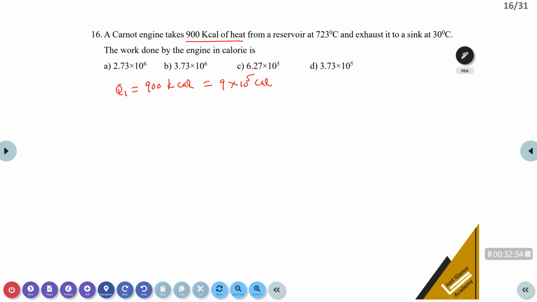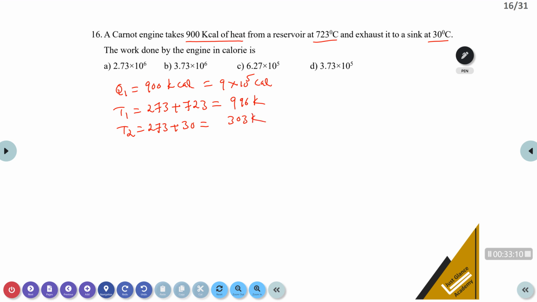Next, reservoir means source. T1 equals 273 plus 723, which is 996 Kelvin. Then exhaust to a sink temperature means T2. T2 equals 273 plus 30, which is 303 Kelvin.